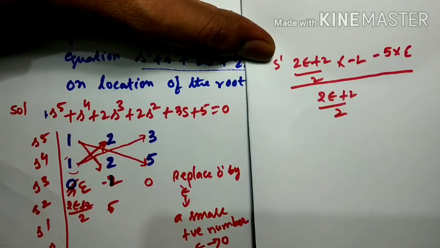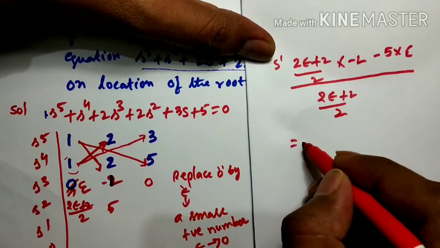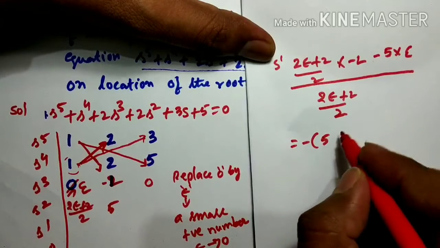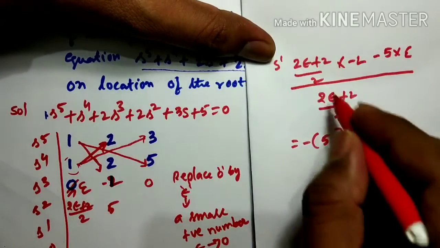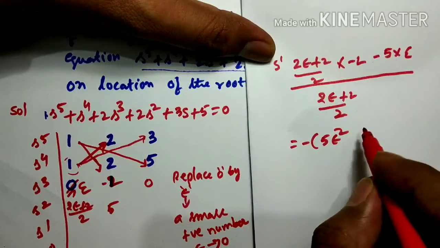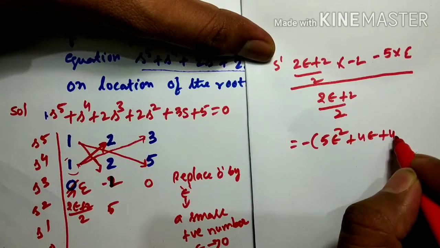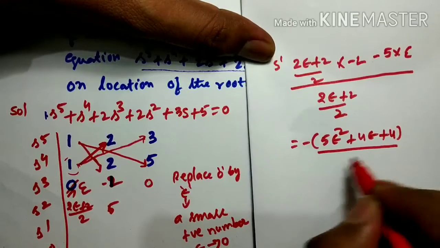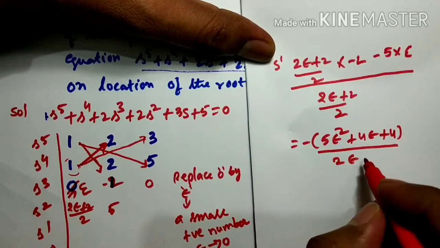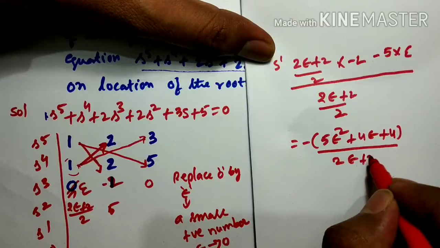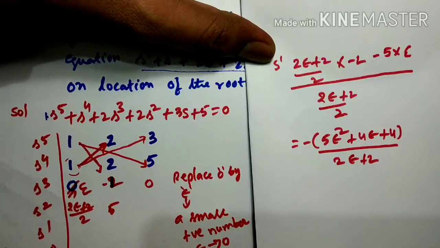After dividing, you will get minus 5 epsilon square. You take this LCM and do it, you will get 5 epsilon square and 4 epsilon plus 4 by 2 epsilon plus 2.